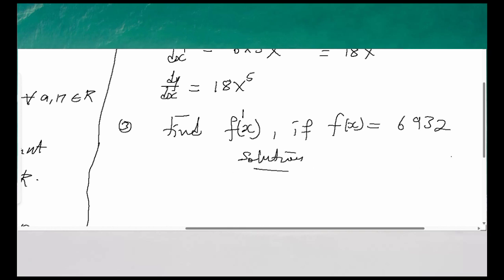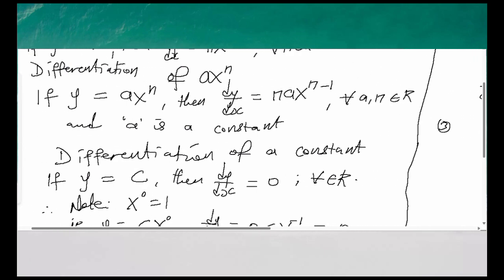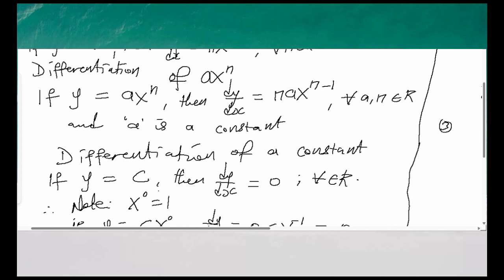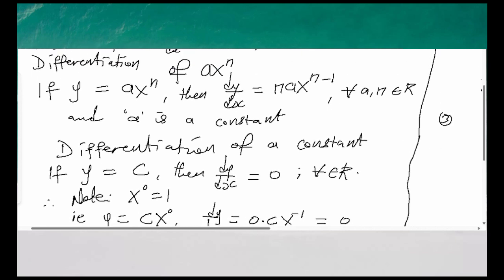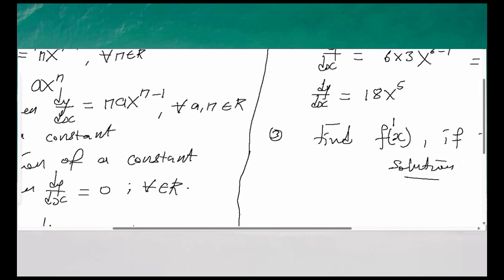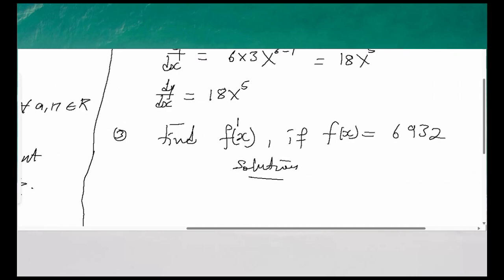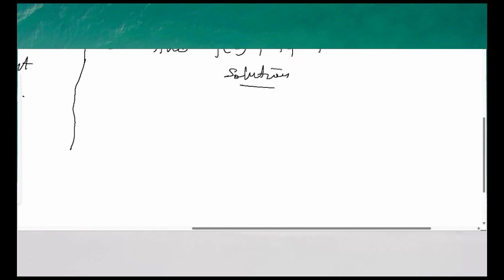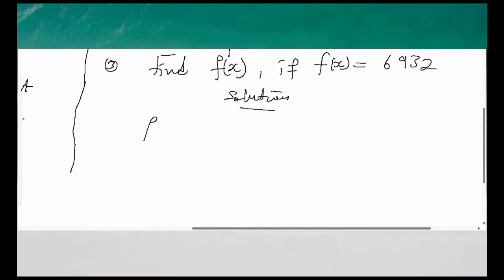Over here we're going to apply the third rule. We say that the differentiation of a constant is going to give us 0. Once your function is a constant, then the derivative of that function is 0. And I think I've already explained that.